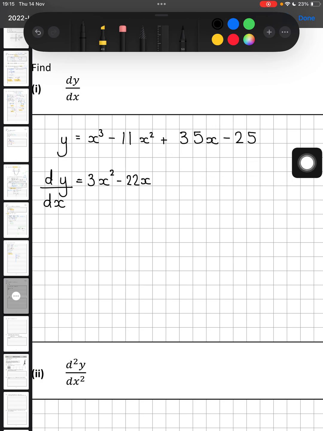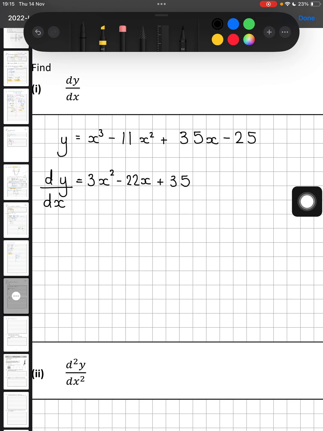We went through the idea behind this in class a good bit, so that's just going to go down as 35 without the x. And likewise, if in the original there is a number and no x involved in it, in the derivative it just disappears. It's just nothing, or it's just 0. So this here is my first derivative, and that's it.